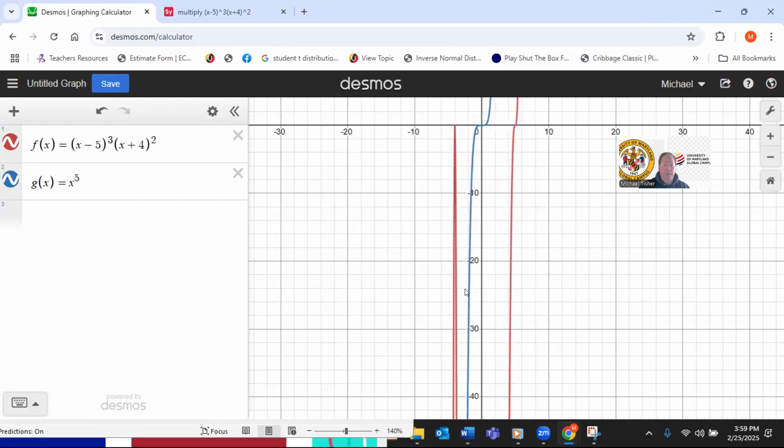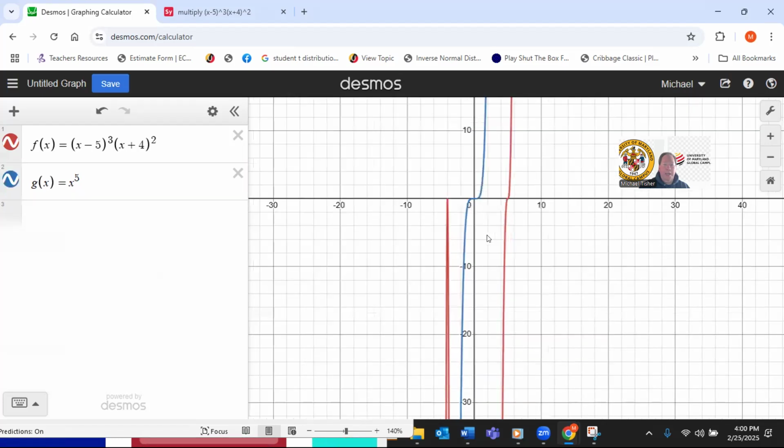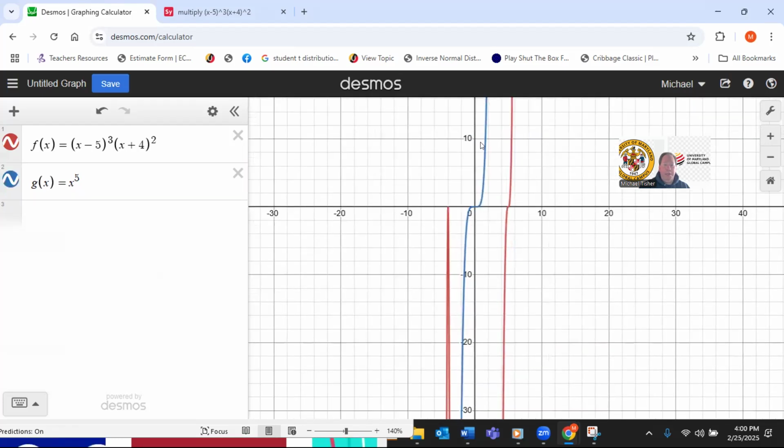Okay, look at the power function here. Notice that as we go to the left, the y decreases. In other words, as x decreases, y will also decrease. And if we go to the right, it looks like the graph is increasing. So in other words, as x increases, y increases.